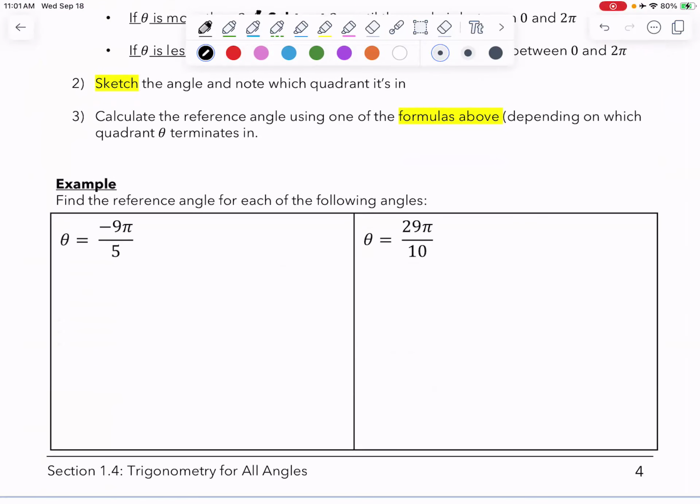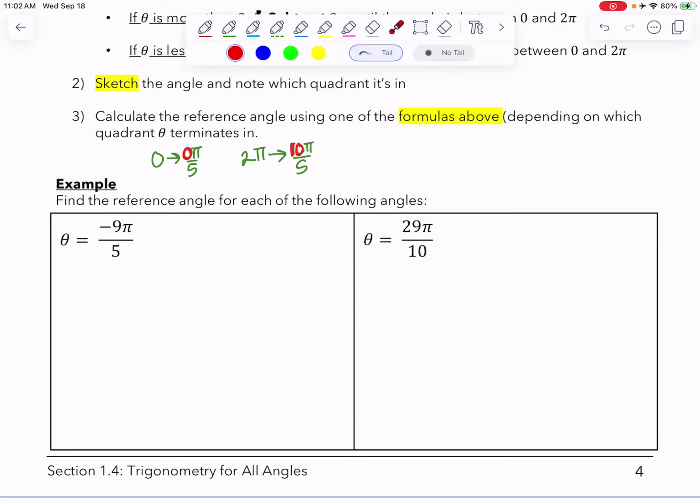All right. So we're finding a reference angle. We need to start by making sure our angle is between 0 and 2 pi. For this fraction here that has a denominator of 5, 0 is the same thing as 0 pi over 5, and 2 pi is the same as 10 pi over 5. So we are looking for the numerator to be a number between 0 and 10.